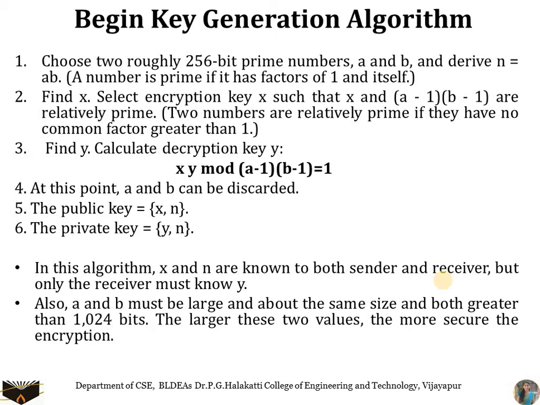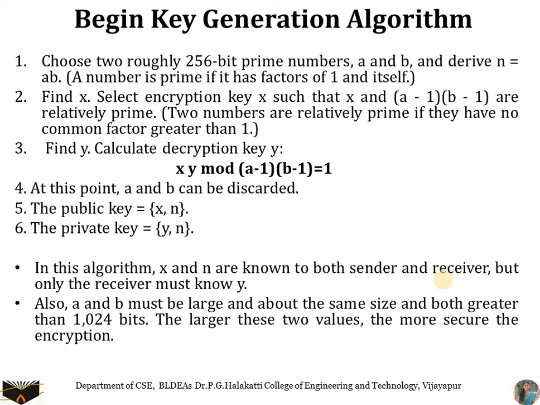Now find x, that is, select an encryption key x such that x and (A-1)(B-1) are relatively prime. Here is the definition of relatively prime: if they do not have a common factor greater than 1, then we call such numbers relatively prime.